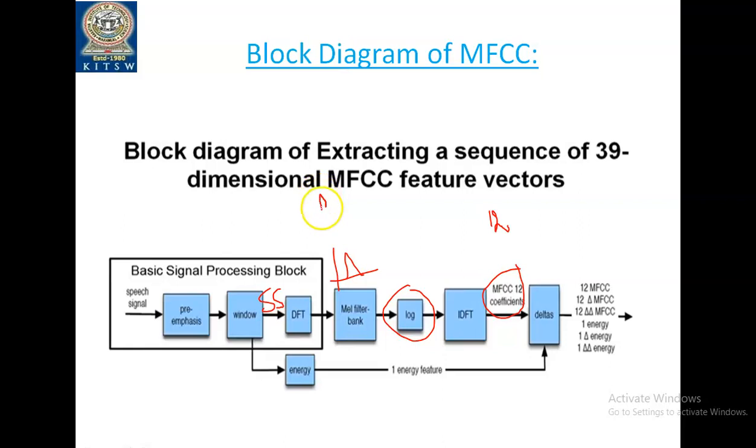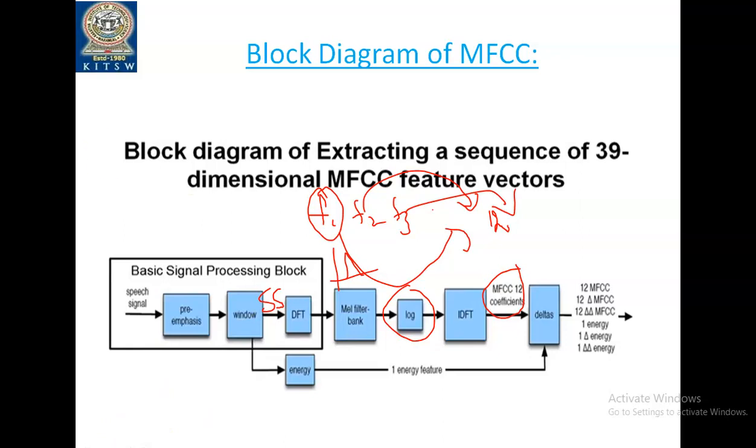So assume that is frame 1, frame 2, frame 3, and so many frames you have divided. From each frame, the 12 coefficients you are going to consider. This is the way we take the coefficients from the MFCC.